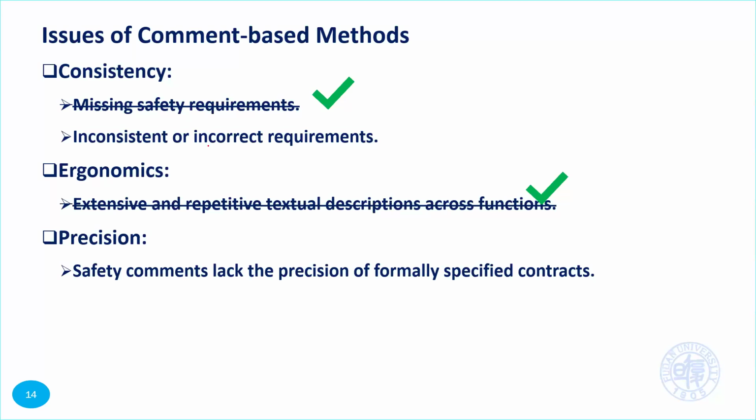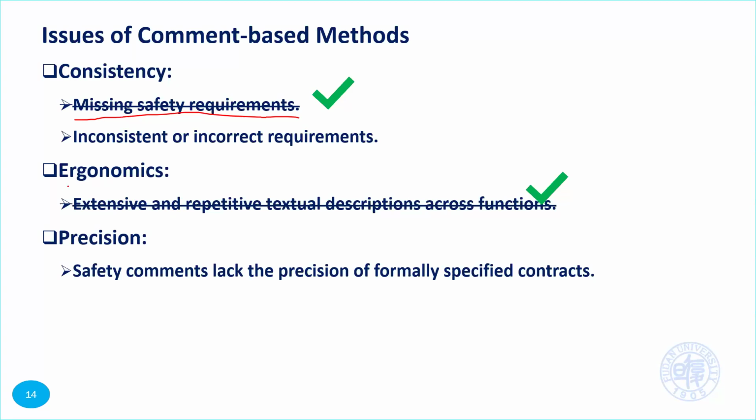Now we see that with safety tags, the first consistency issue, missing safety requirement, can be solved, because with the procedural macro we can check whether all the unsafe functions have safety requirements. If some unsafe function has no such attribute, then we can give a warning or error.